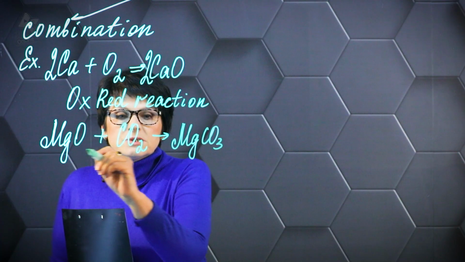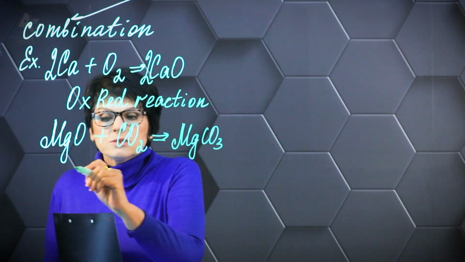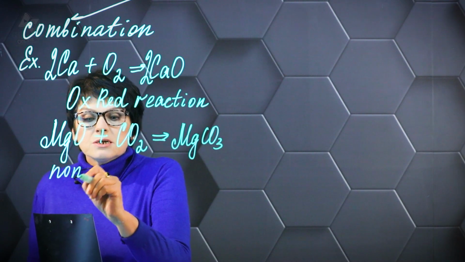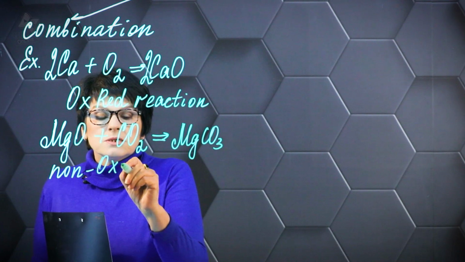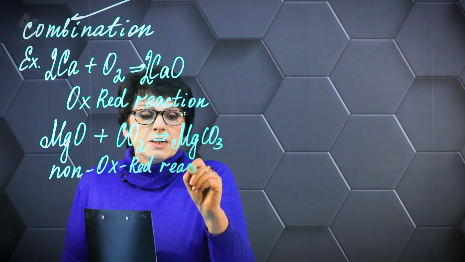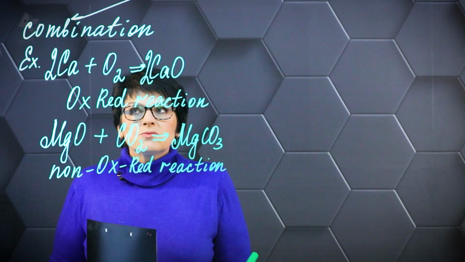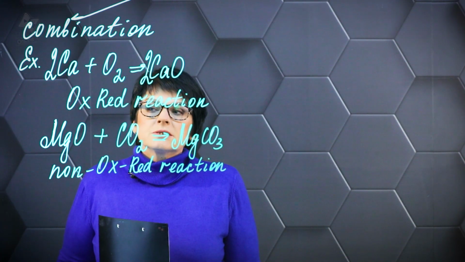Let's check the coefficients in this case. Additional coefficients are not required and this reaction will accordingly not be a redox reaction. Hence, it turns out that coupling reactions can be both redox reactions and non-redox reactions.